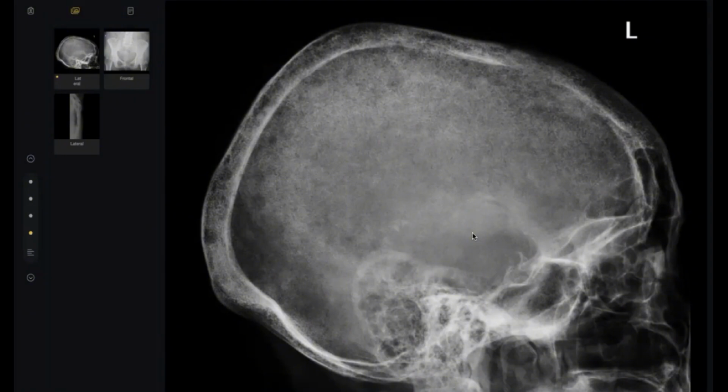Somebody will ask me, doctor, I am confusing between Paget disease of the skull and hyperparathyroidism. In the worst case, give both differentials, but tell the examiner which one you suppose is first, and give him a reason.